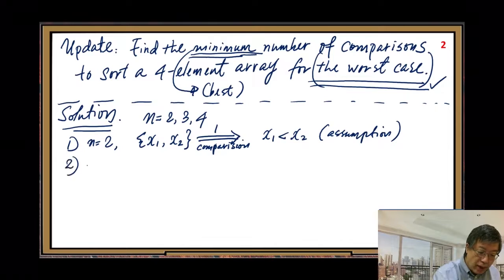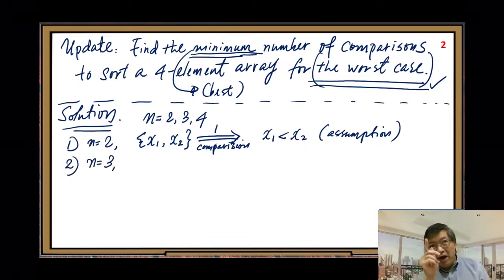Next, now n equals 3. One more element added. Think about, can we use the insertion idea? Here you can see the situation. We connect to the insertion sort idea.